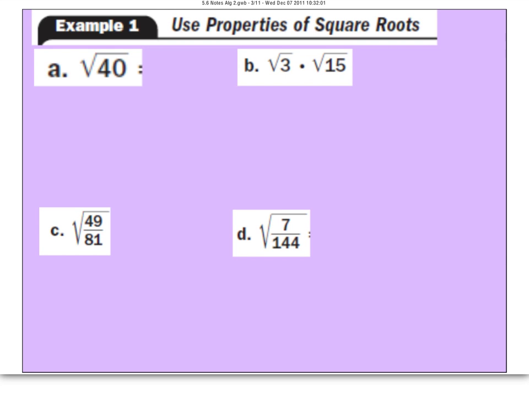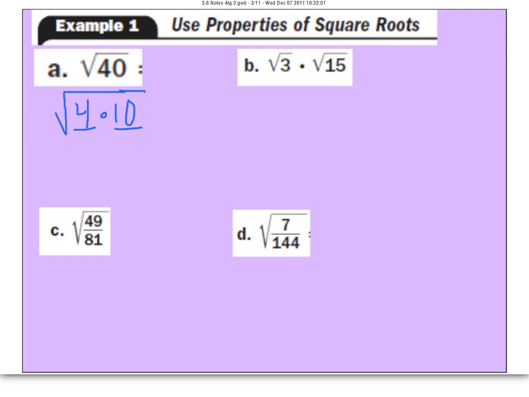So if we apply these properties, let's look at letter A. They want to know the square root of 40. There's not a number that, if I multiply it by itself, gets me 40. But if I think of the factors of 40, are there two numbers such that one of those numbers is a nice perfect square? What about 4 and 10?